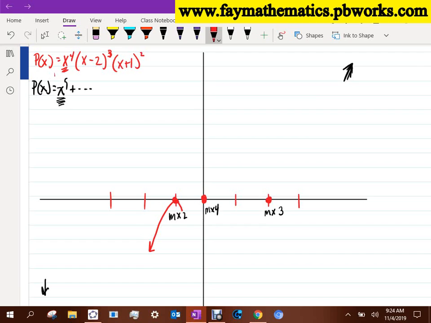Now, if I'm going down, don't I eventually need to turn back up to get to this x-intercept here? Okay. So I'm going to turn back up. And it's a 4th degree, so it's going to be kind of flat there. I'm not going to be a stickler on your y-axis.